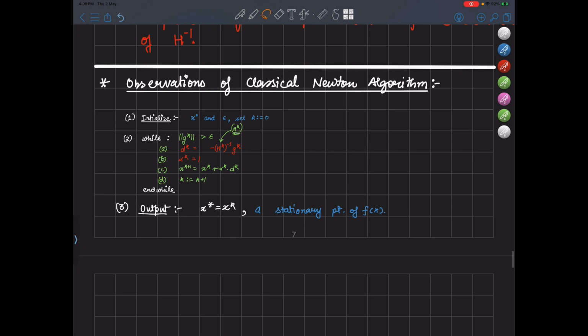So this is the algorithm. In this we first get the descent direction by minus Hk inverse gk, and the step length is 1.